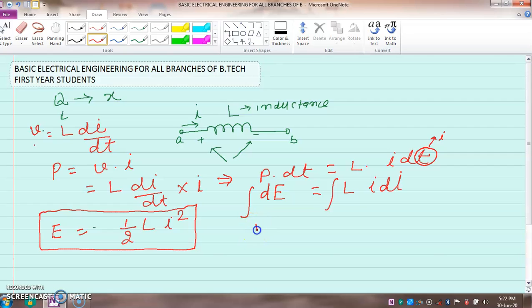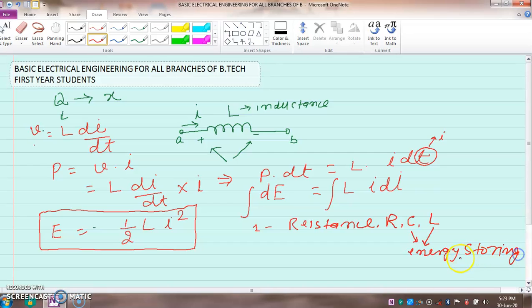So we have studied three elements: resistance, that is R, capacitance C, and inductance L. These two elements are energy storing devices, and this resistance R is an energy dissipating device.